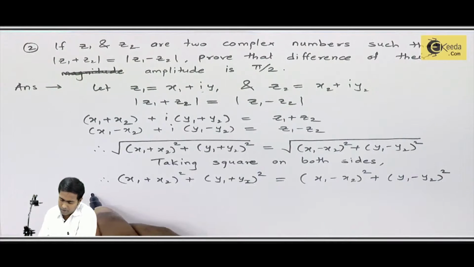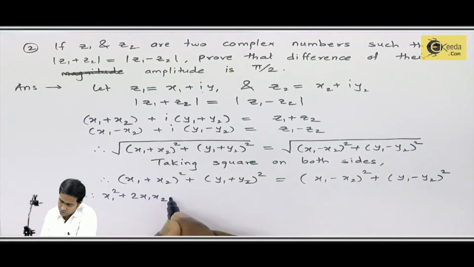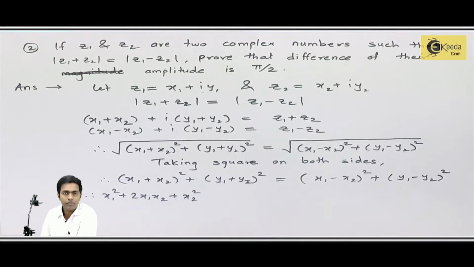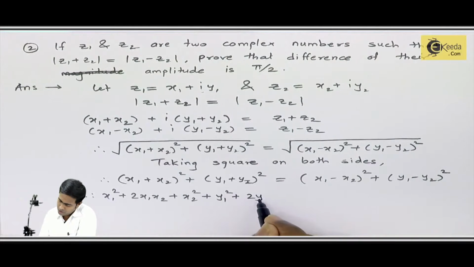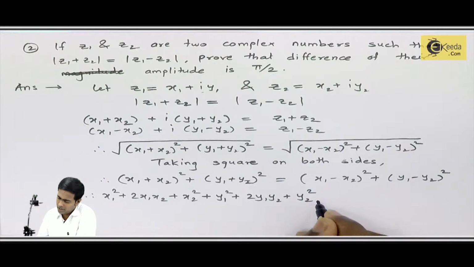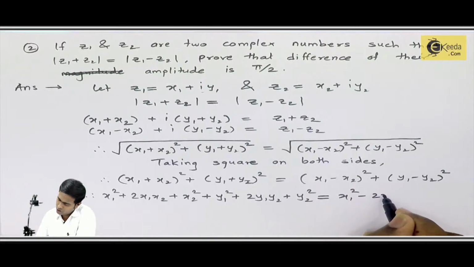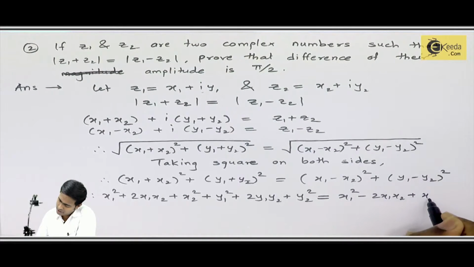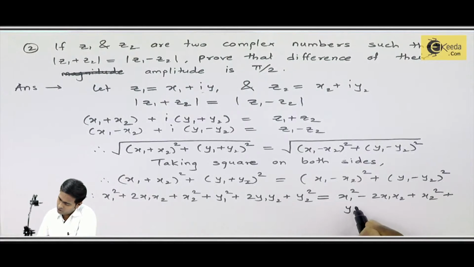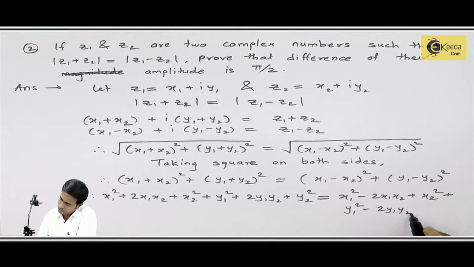So this will become, therefore, x1 square plus 2 times x1 x2 plus x2 square, plus y1 square plus 2 times y1 y2 plus y2 square. Similarly, on RHS we will get x1 square minus 2 x1 x2 plus x2 square plus y1 square minus 2 y1 y2 plus y2 square.